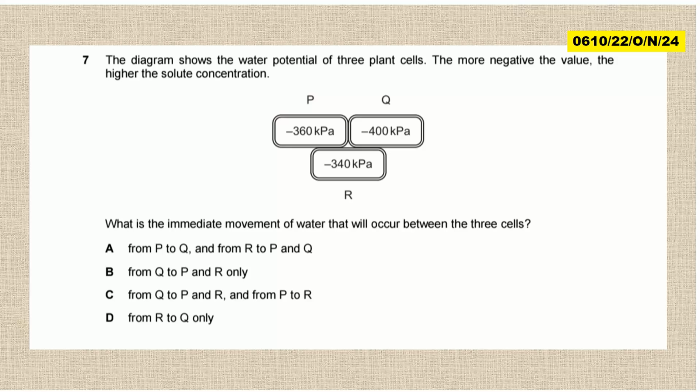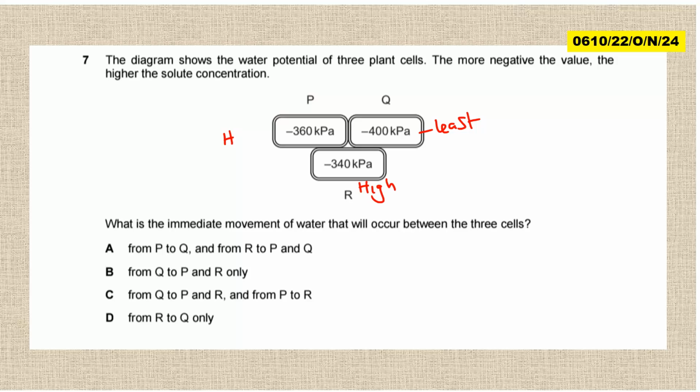So they've brought out that thing that I've already explained. The more negative the value, which means the least in terms of concentration is this one. So the least in terms of concentration is Q. Then the least in terms of water potential is Q. The one with higher water potential is this, followed by this.